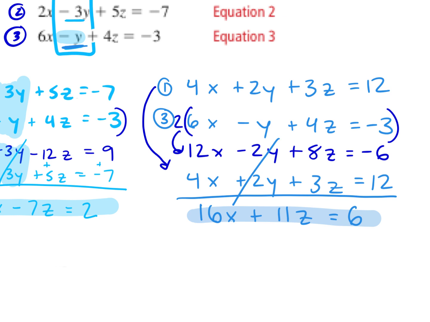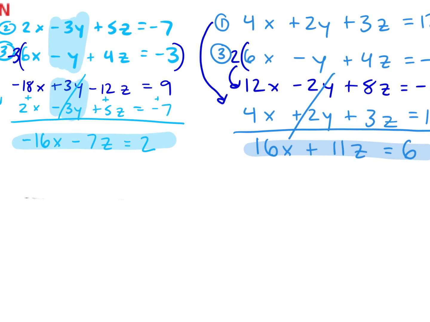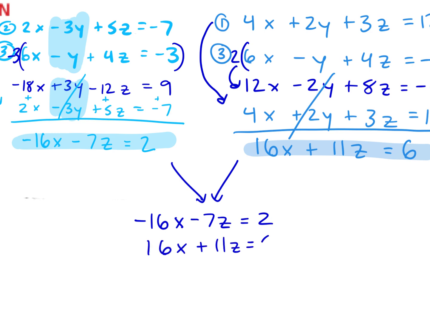So I'm going to put these two equations together and combine them just like I did in the last section. I'm going to write them right on top of each other and use elimination again. So I have negative 16x minus 7z is equal to 2. Positive 16x plus 11z is equal to 6.